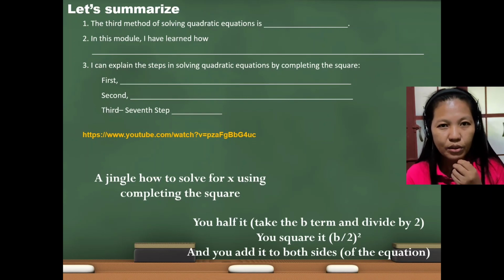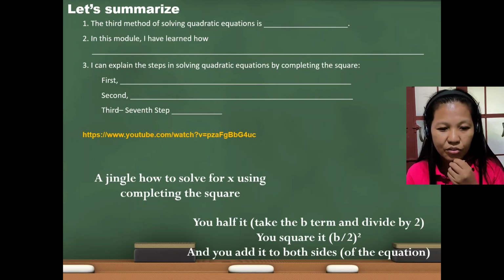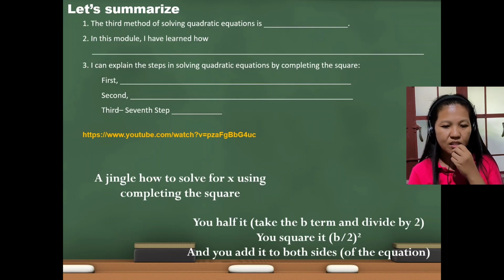And then we can enumerate the first to 7 steps on how to solve for x. On the slide, you can read the link from YouTube, a jingle on how to solve for x using completing the square.